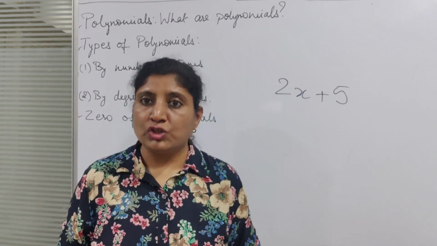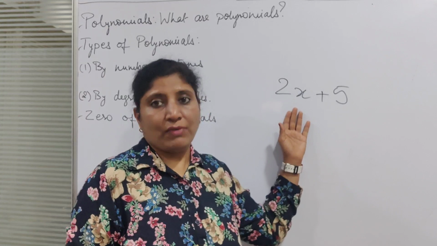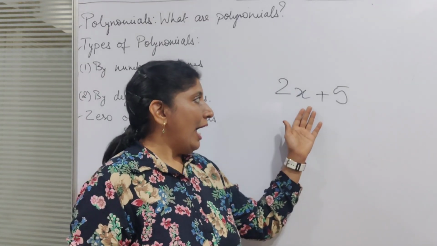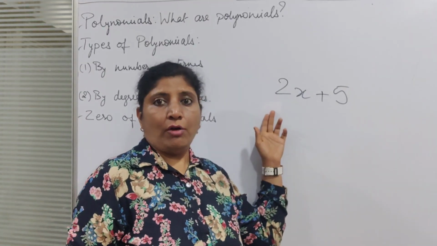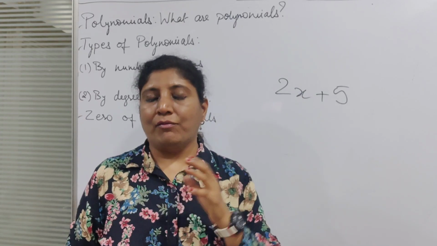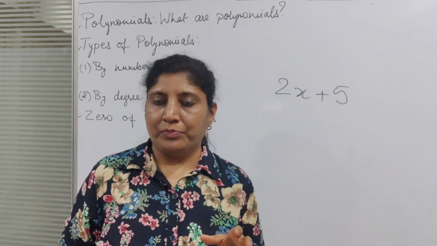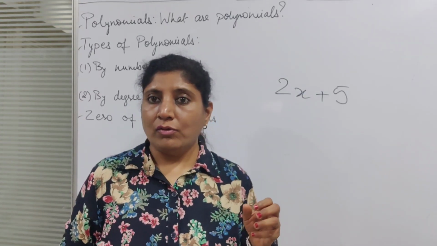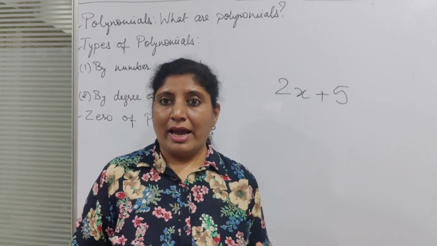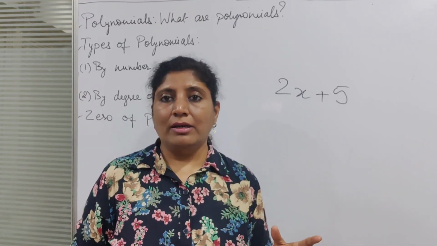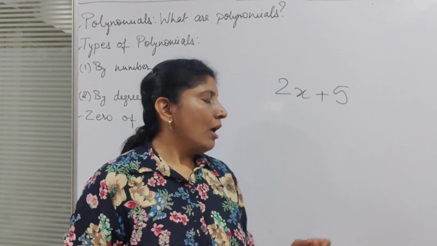So the number may change. That's the reason name is variable, right? And the combination of these two, coefficient and variable, is a term. Combination of coefficient and variable, both together, they are called term.